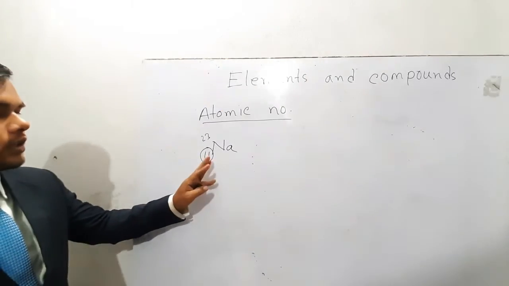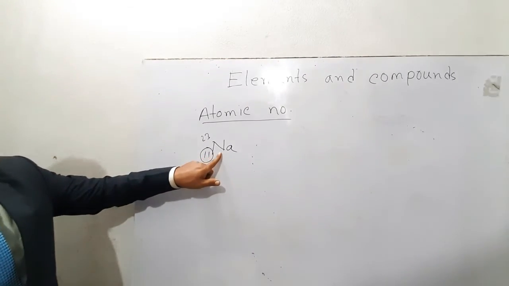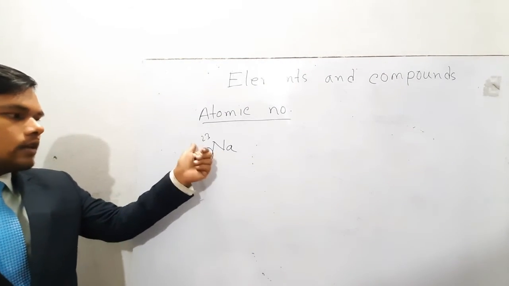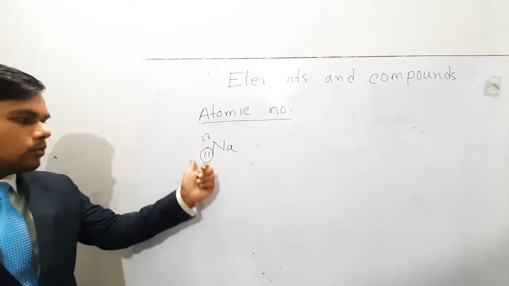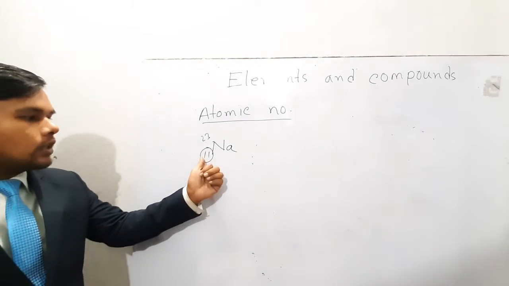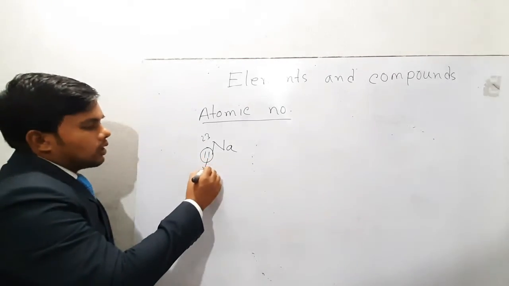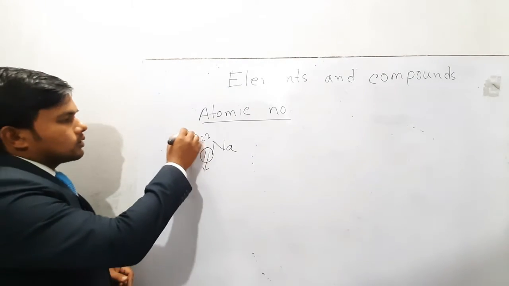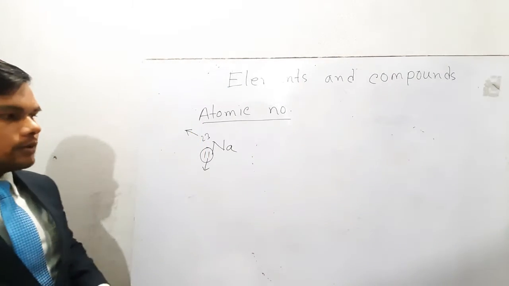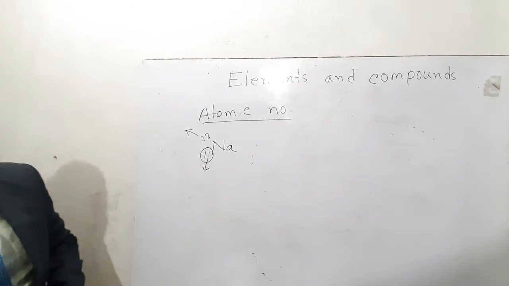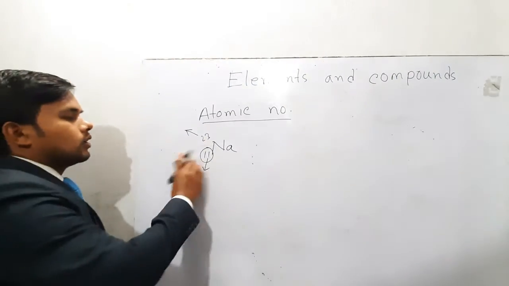And if you express an atom, the symbol of the atom in the formula, this part, sometimes written below in subscript form, is the atomic number or proton number, and this part is the total mass number of the element. So the total number of protons is 11, so the atomic number of sodium is 11.